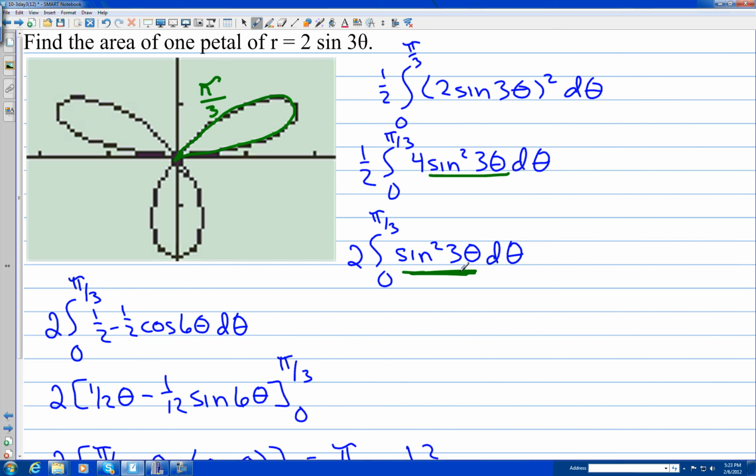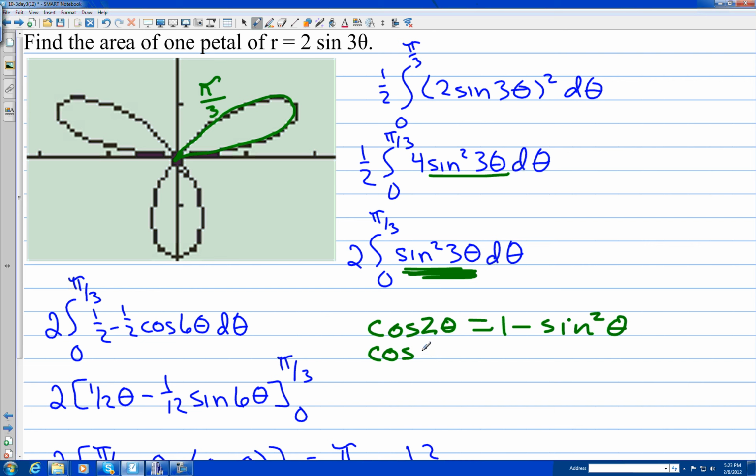So this is kind of an issue here. Well, let's examine this a little bit. We have cosine of 2 theta equals 1 minus 2 sine squared of theta. Well, we don't have sine squared theta. We've got sine squared of 3 theta. So we're going to make these thetas into 3 thetas.